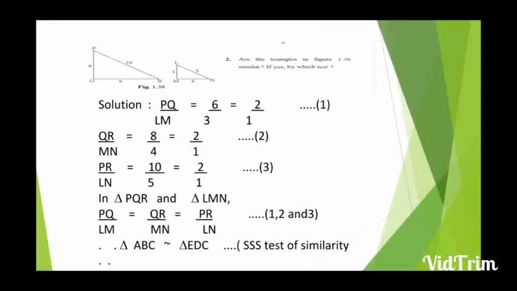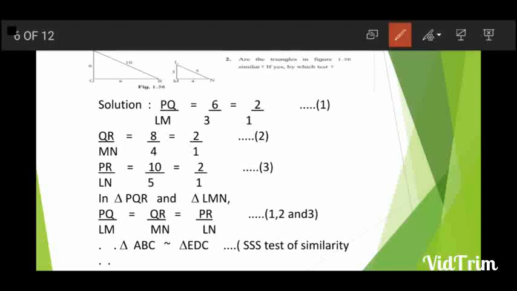In question number 2, see what they have given. They have given the lengths of three sides and we are asked to find whether the triangles are similar. Since three sides are given, we can choose the SSS test. We can try to show the triangles are similar by this test. Then how? Let's see.